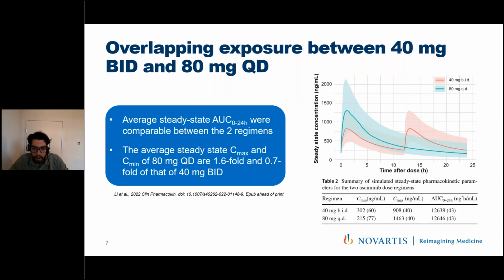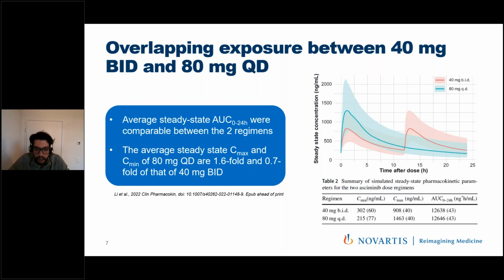This slide shows what we first started exploring, which was looking at the exposure between 40 milligram BID and 80 milligram QD, which, as you can see on the right part of the slide, are overlapping. If we look at the average steady state AUC over 24 hours, it was very comparable between the two regimens.